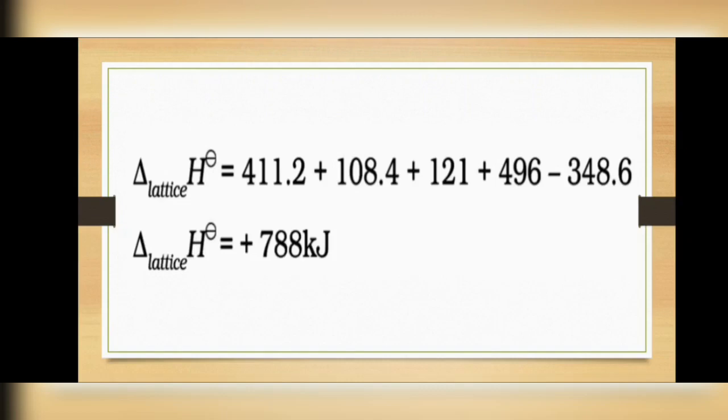All these values you add, and you will get the lattice enthalpy, plus 788 kilojoules. This is how you calculate lattice enthalpy in an indirect method, because you cannot measure it directly by experiment. This is called the Born-Haber cycle.